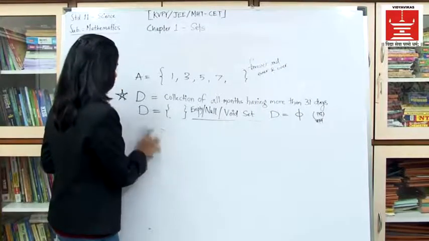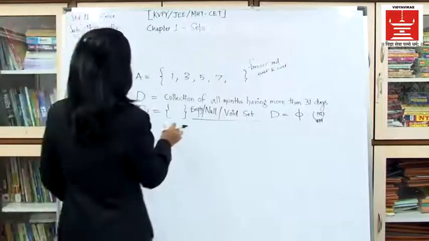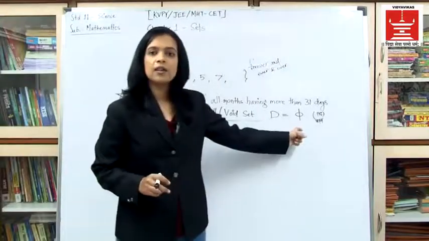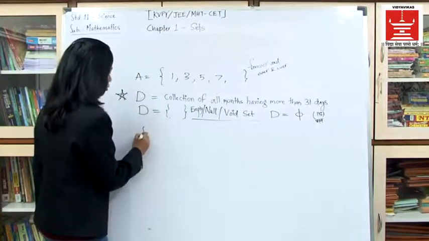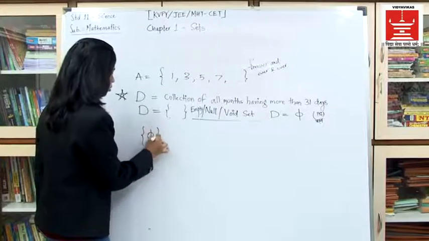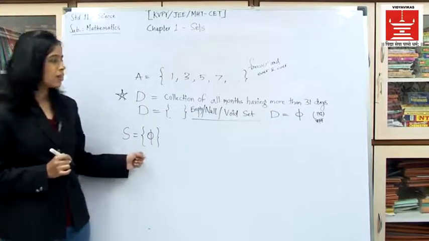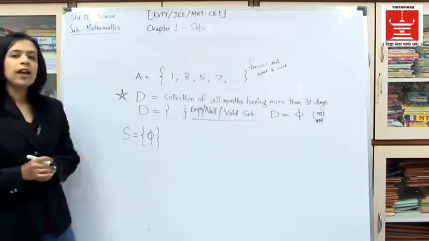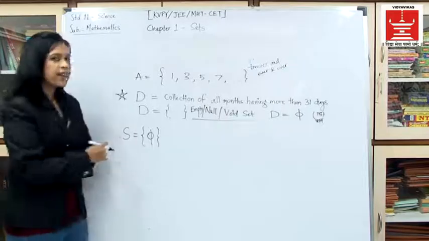Also, do not get confused with the curly bracket notation and this notation of phi. There is a set like this. What can you say about this set? Is S an empty set?